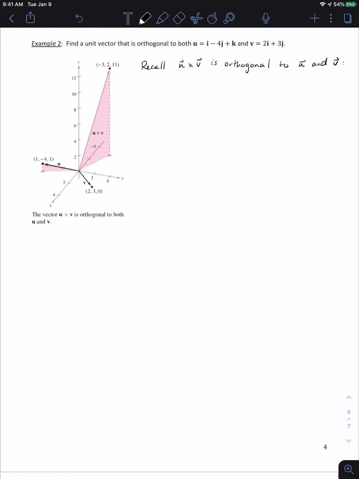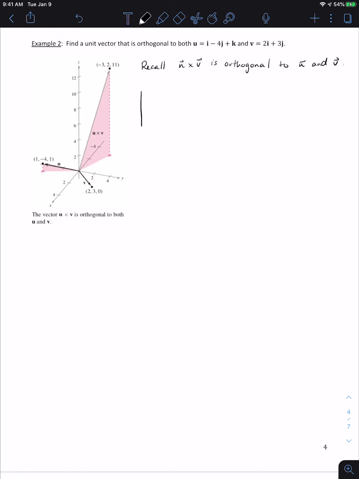All right, so our game plan here is to find u cross v, because that is a vector that is orthogonal to both u and v. And then because it says find a unit vector, we can normalize that. In other words, divide it by the magnitude of u cross v, and that will give us a unit vector that's orthogonal. Right? So first we need to find u cross v.